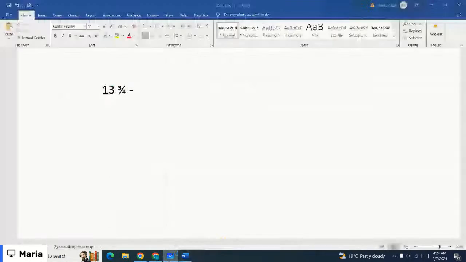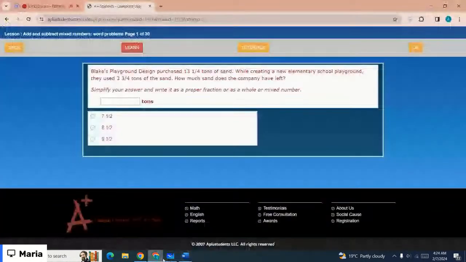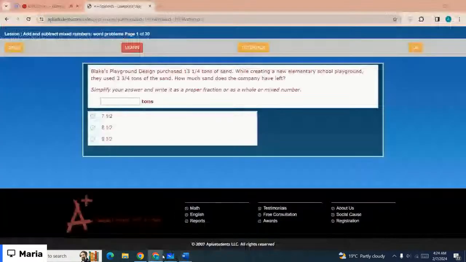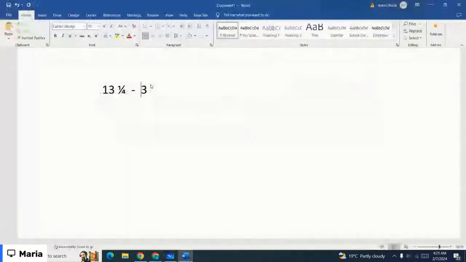So 13 whole 1 over 4 minus 3 whole 3 over 4, right? For this one, you need to do the same thing.